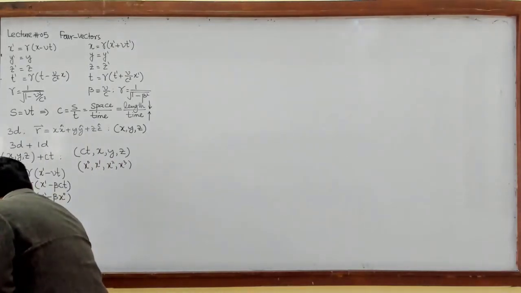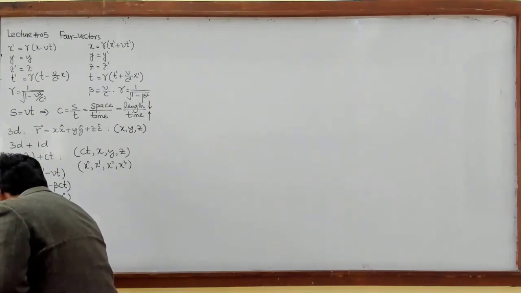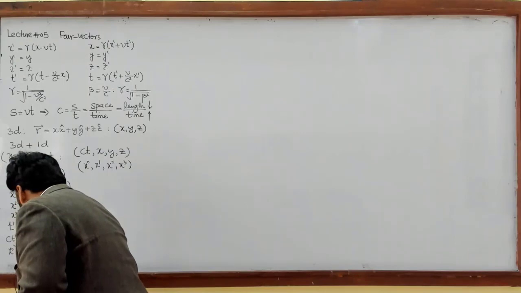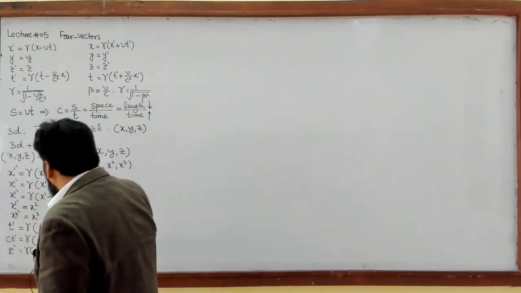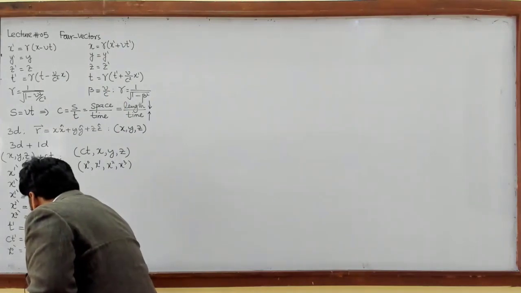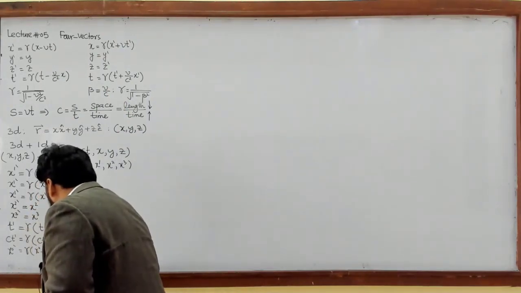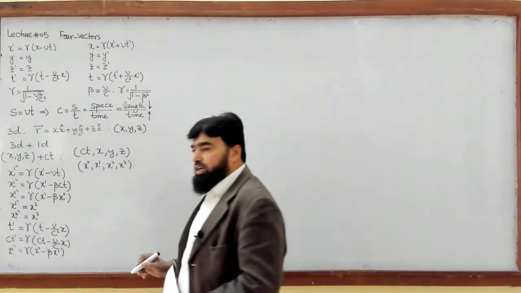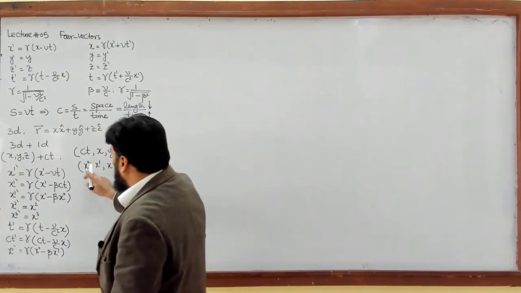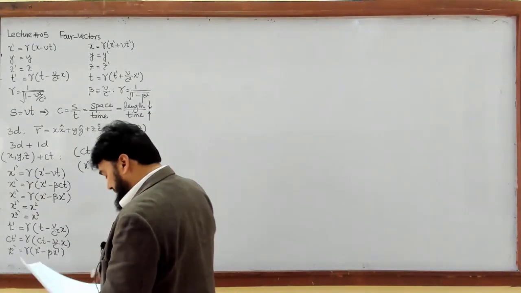So this is x0 prime is equal to gamma times ct, which is x0, minus, what about v over c? v over c is beta, and x is equal to x1. So I have converted these into the x0, x1, x2 and x3 forms.